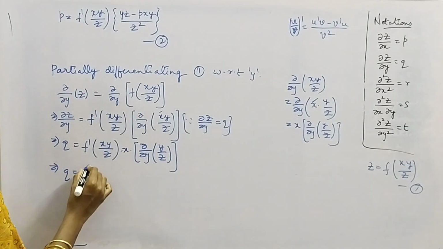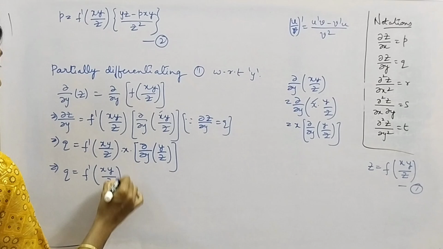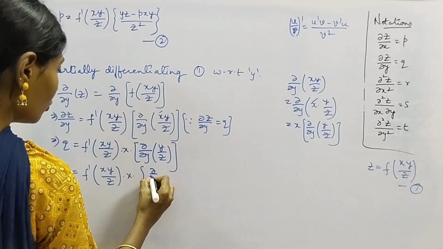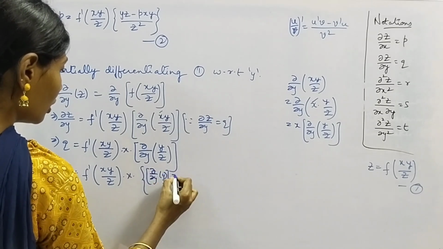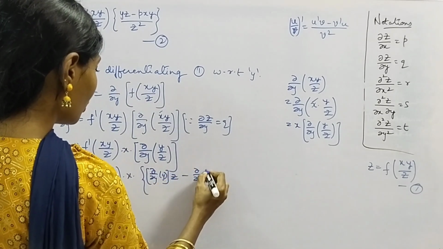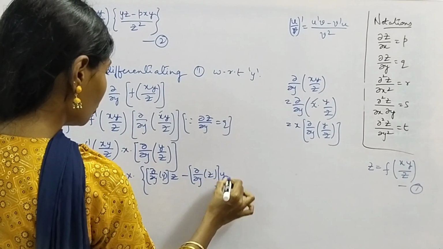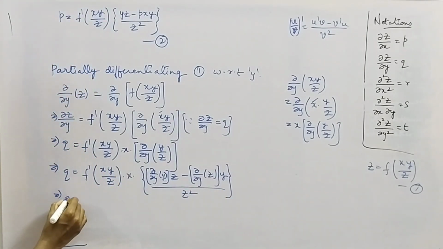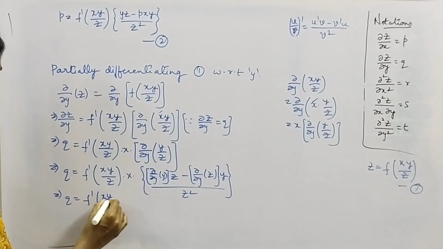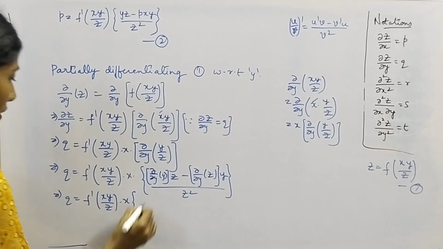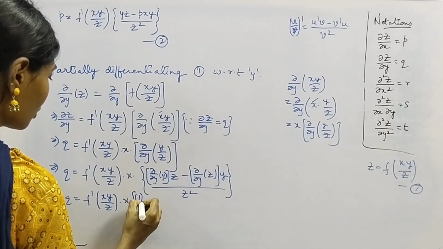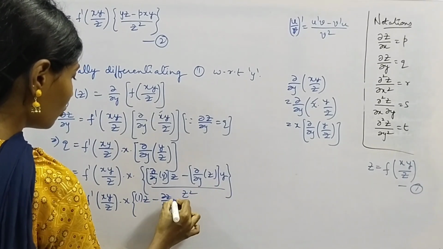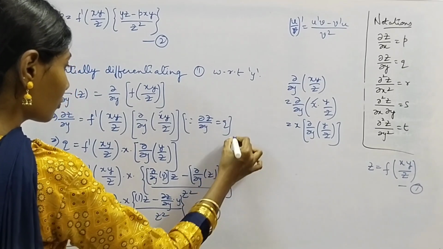Which gives us q equal to f dash of xy by z into x into, again applying the u by v whole dash formula, dou by dou y of y into v minus dou by dou y of v into u by v square. This gives us q equal to f dash of xy by z into x into the partial derivative of y with respect to y is 1 into z minus dou z by dou y into y by z square.